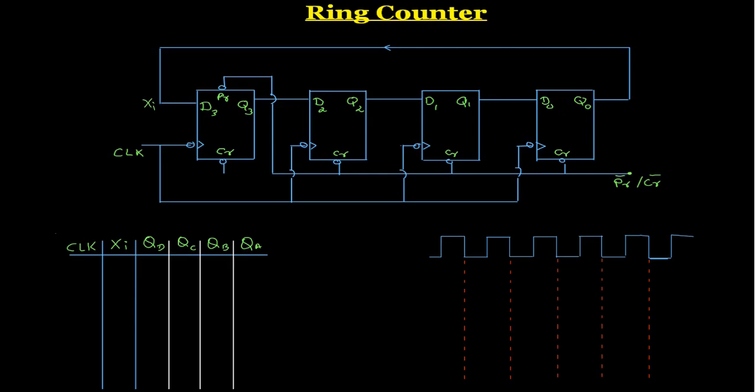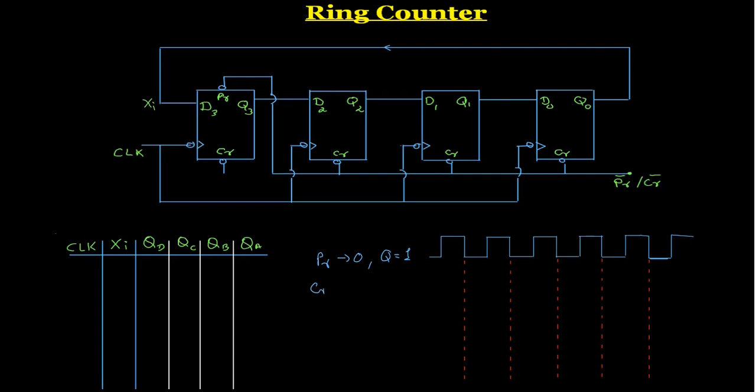So in a flip-flop, whenever the preset input is 0, then the flip-flop is going to be set. So the output of that flip-flop is going to be 1. That is the function of a preset.